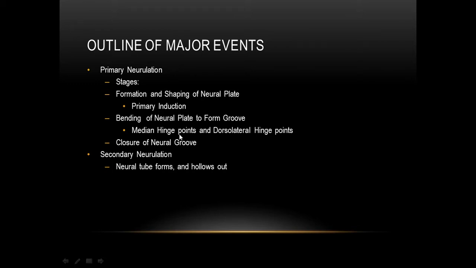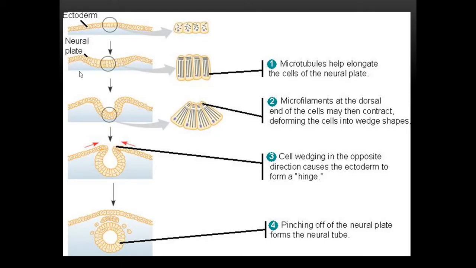So let's take a look at the cellular changes. Here we're seeing on the first panel a representation of the general ectoderm that is not yet divided. So let's say, for example, that chordamesodermal notochordal cells have just started the development of notochord tissue underlying the ectoderm.